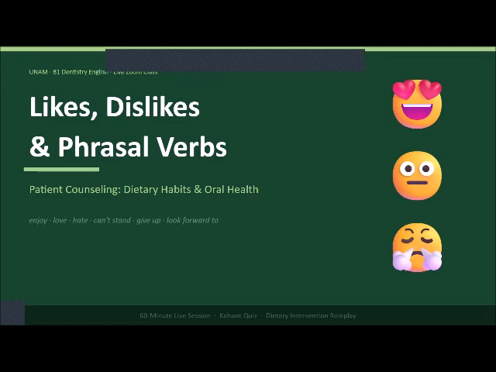A lot of gerunds come after prepositions. However, you can combine verbs and prepositions and some adverbs that do the work of describing verbs, and that form that we get is called a phrasal verb, right? So we're going to be looking at that today.